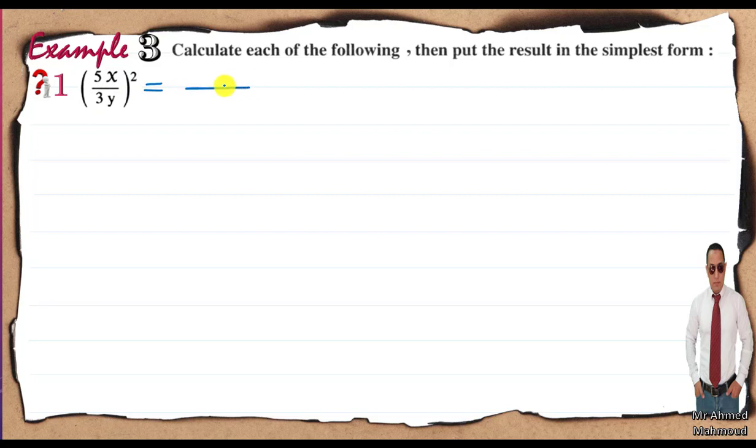So it will be 5 to the power of 2, x to the power of 2, 3 to the power of 2, y to the power of 2. Now, looking carefully, 5, x, 3 and y are all different, so I can't add or subtract powers. So I'm going to evaluate 5 squared, 25, x squared, 3 squared equals 9, y squared.